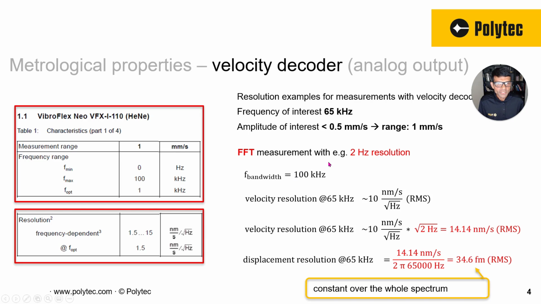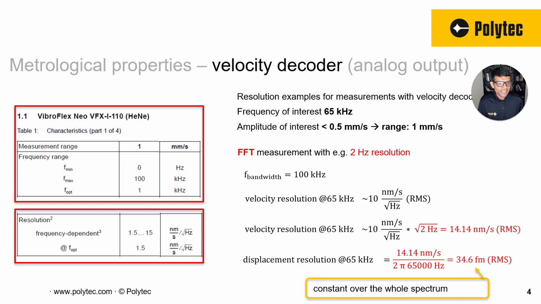In frequency domain, the most important portion is the FFT resolution, and this comes from the number of FFT lines. So you have to keep this in mind, and you basically take the square root of this frequency resolution for your case, and multiply the resolution number by it, and that's how you get your pure velocity number.